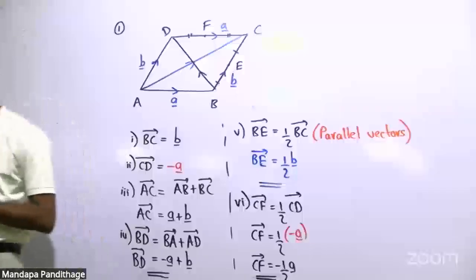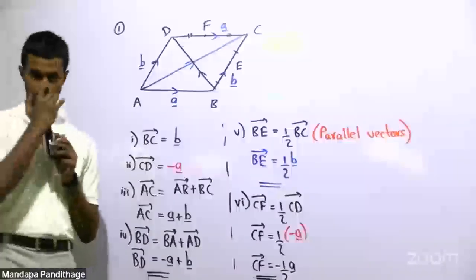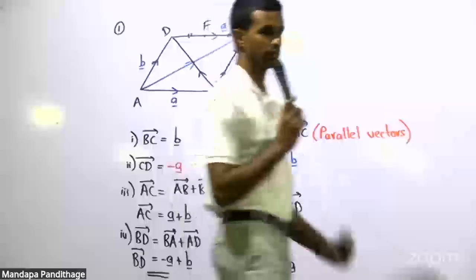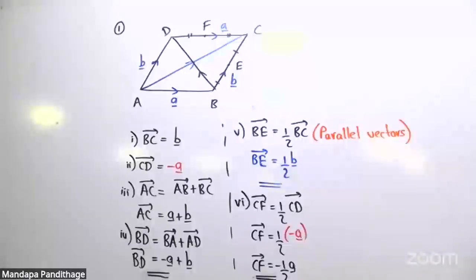The second one is a regular hexagon. What do we mean by regular hexagon? It is a hexagon where all the sides are equal.